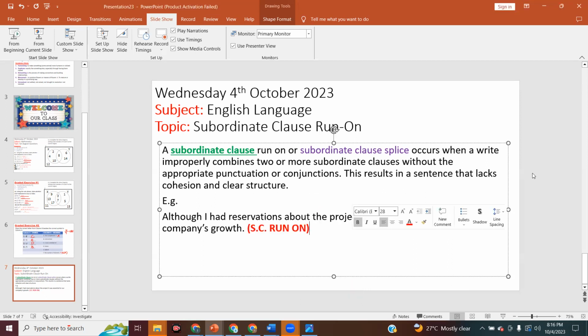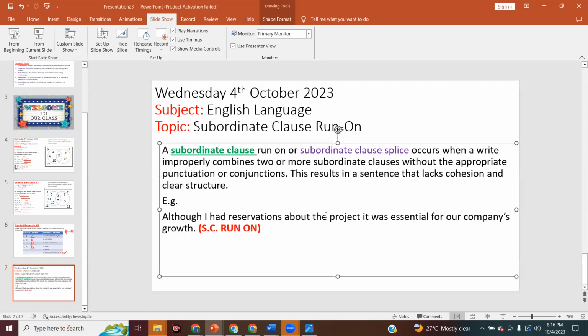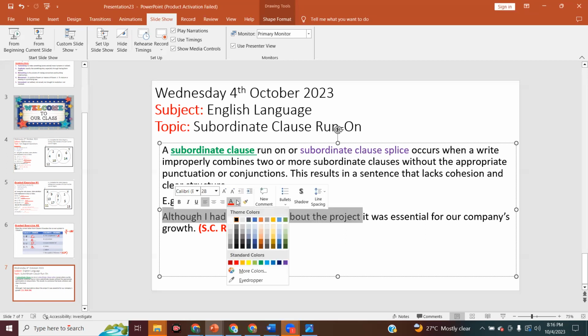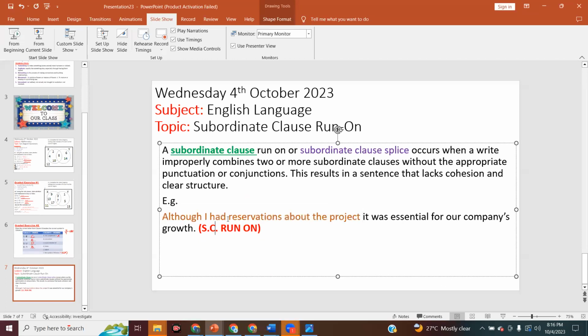How do we know it's a subordinate clause run-on? First, let's identify the parts. This part, although I had reservations about the project, is that a dependent clause or an independent clause? Dependent. Why?